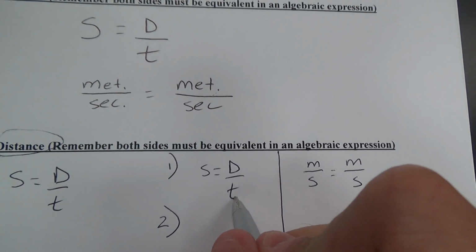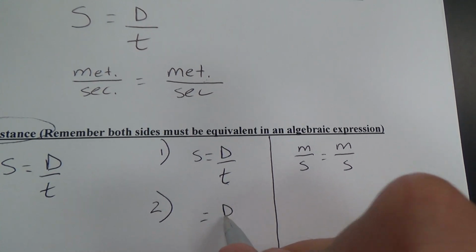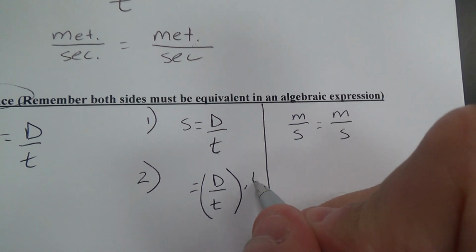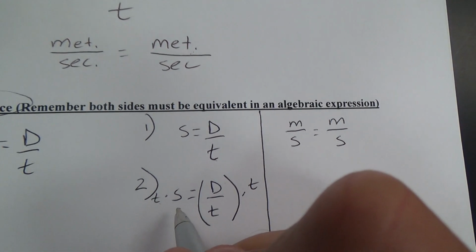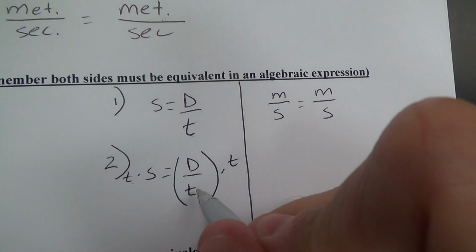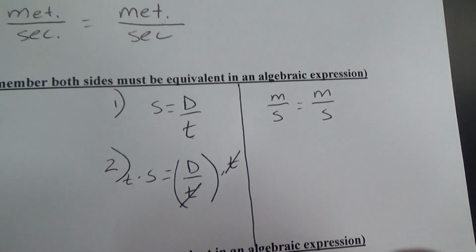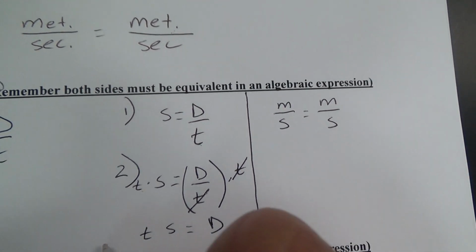We did this before. You get the t over here. So you know you got to take d over t, right? Multiply by t on both sides. You see what I just did right there? So look here, look here. Cancel, cancel. You're left with t s equals d, right?